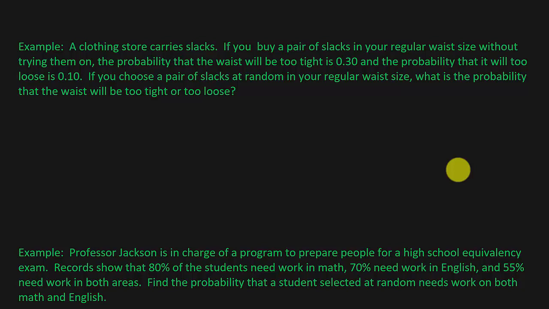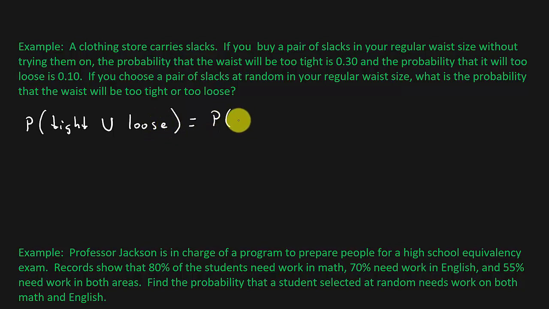All right. So if we look at this, are these events mutually exclusive? Well, they are, aren't they? If you think about it, if you go buy a pair of pants, can they be too loose and too tight at the same time in your waist? No. They're either too loose or they're too tight. So the probability of tight or loose, that's what we're looking for.